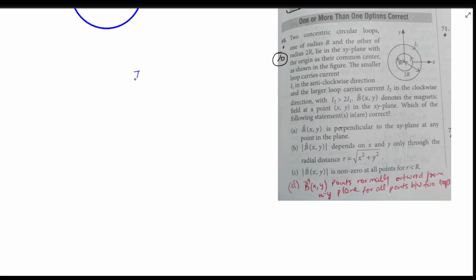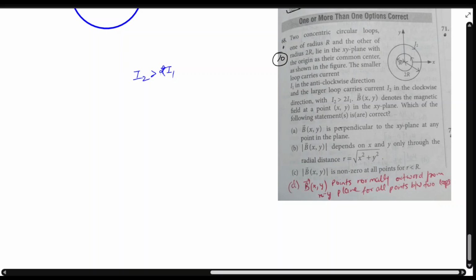And we are given I2 is greater than 2I1. Now B represents the magnetic field. Which of the following statements is or are correct? Okay, let's start to check these options.